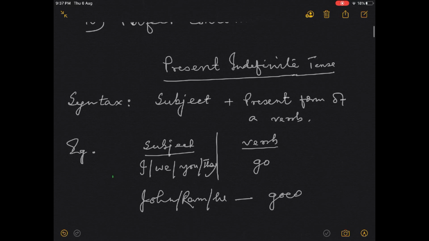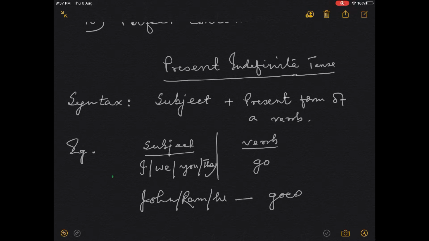See the example. I have divided the example sentence into two parts. One part is subject part and the second part is verb part. In the first sentence, in the subject part, I, we, you, they are used, and the verb part, go, is there.